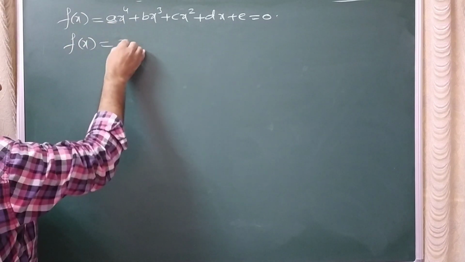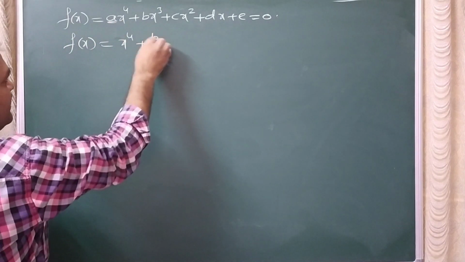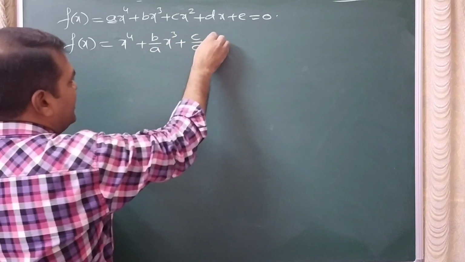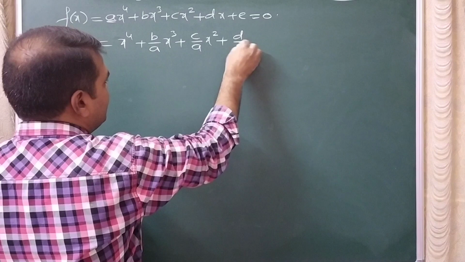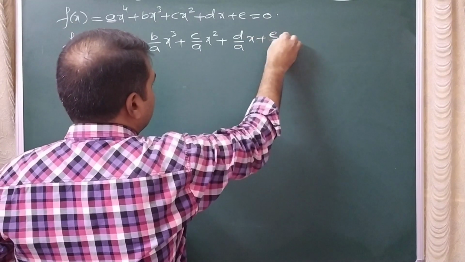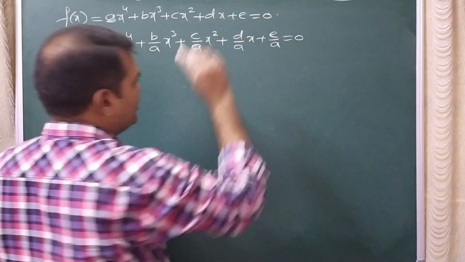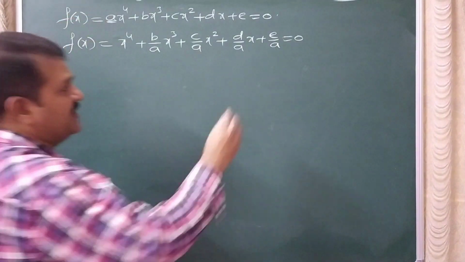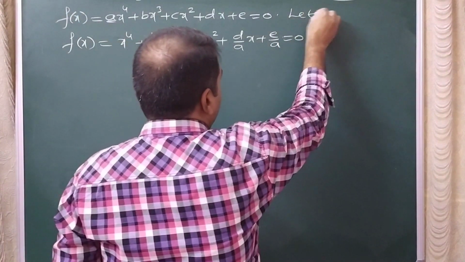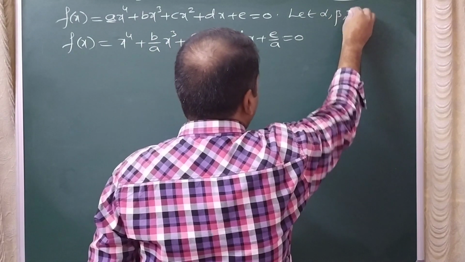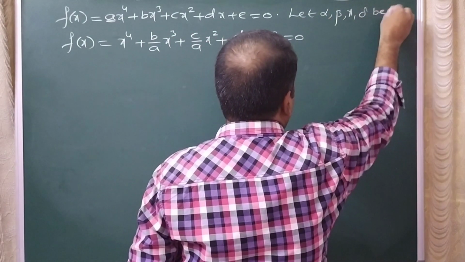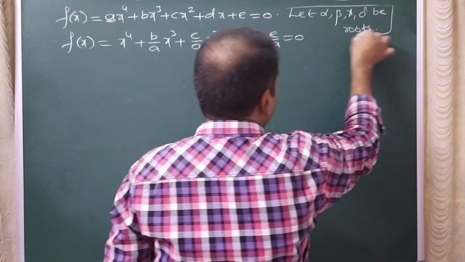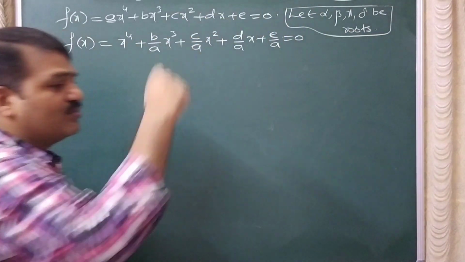So divide with a: x power 4 plus b by a x cube plus c by a x square plus d by a x plus e by a is equal to 0. So this is a fourth degree equation we are taking. Okay. So let alpha, beta, gamma, delta be the roots. Because we are taking a fourth degree equation, let us take 4 roots like that.